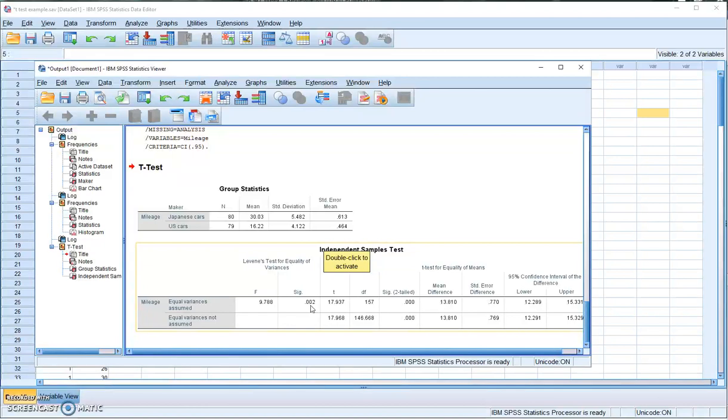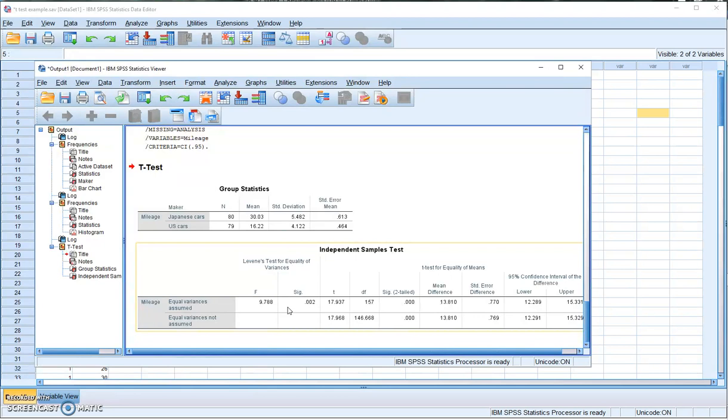Let's see, we use alpha equals 0.05. That's the level of tolerance we have for making a type 1 error. This p-value, the significance p-value, 0.002, is lower than alpha equals 0.05, which means we need to reject the assumption of equal variance.